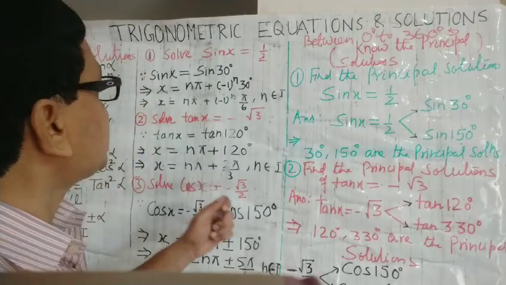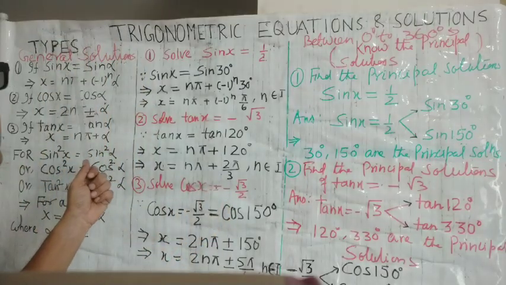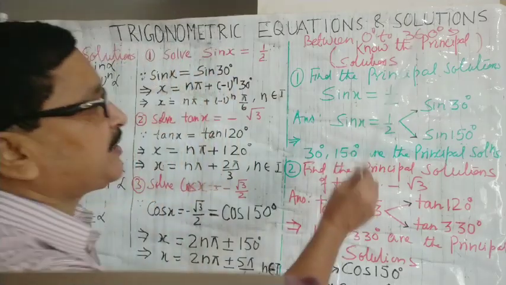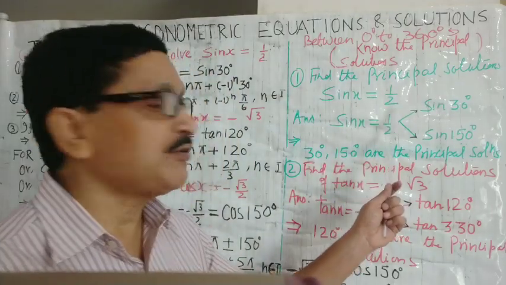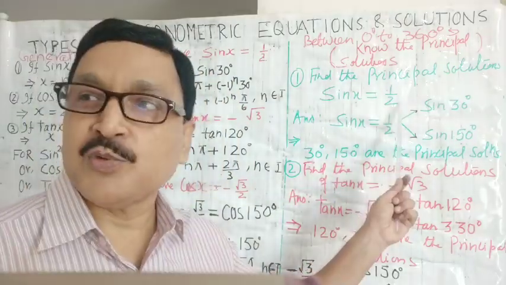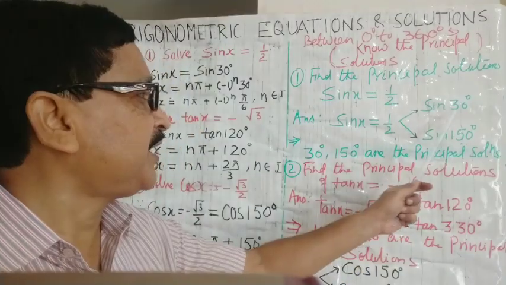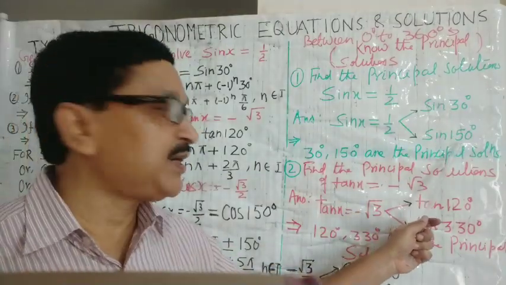So, just see, this is the first pattern. First of all, see the principal solution. Sin x is equal to 1 by 2. 1 by 2 is the value of sin 30 degree as well as sin 150 degree.